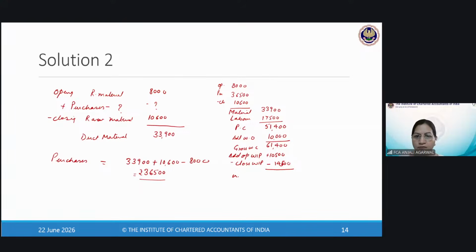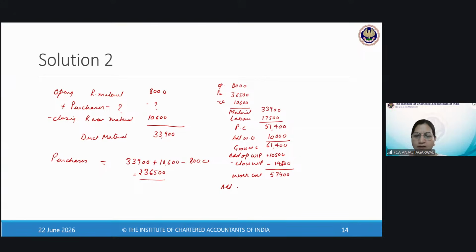This becomes your works cost, so it is 61,400 minus 4,000, which is 57,400.